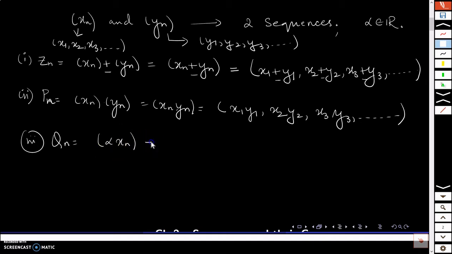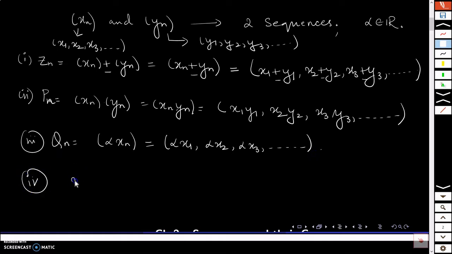So what you will be doing here is multiplying alpha to each and every element of the sequence xn. So this will be alpha x1, alpha x2, alpha x3 and so on. You are multiplying the scalar alpha to each and every element of the sequence xn, and this is how you get a new sequence, which is alpha xn.